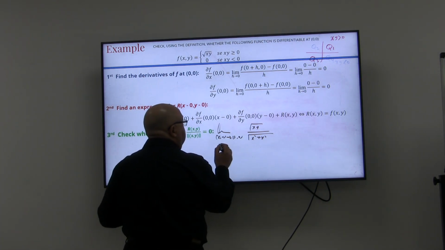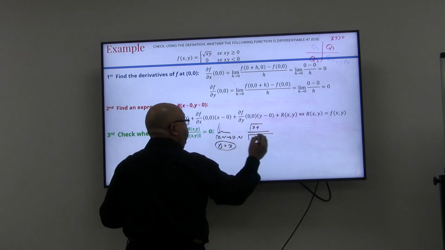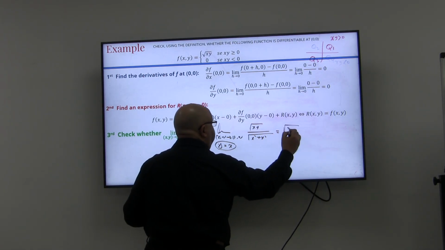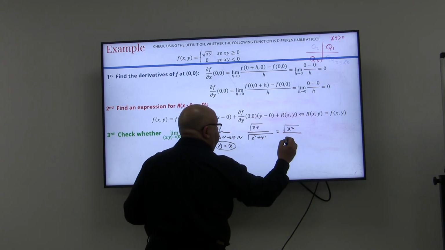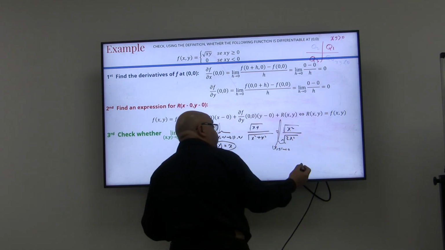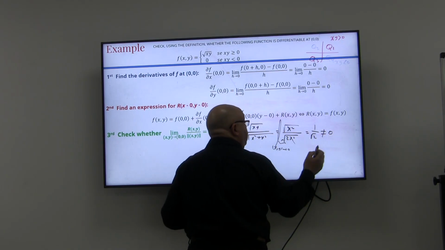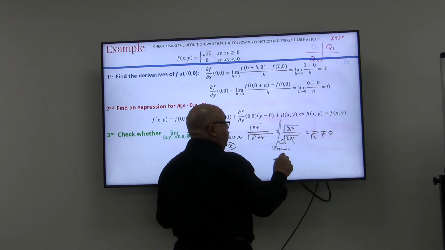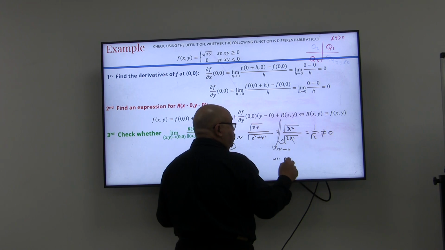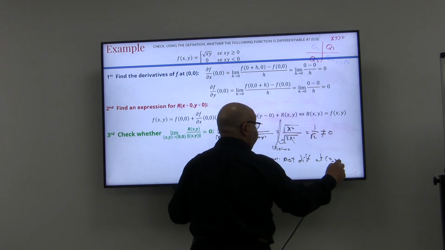So I will test at y equal to x. If I'm using y equal to x, it's going to be the root of x squared divided by the root of 2x squared, and that's the limit as x and y approach 0. So in this case, remark that the limit will exist and it will be 1 over root 2, which doesn't equal 0, which means your function is not differentiable. So this function is not differentiable at the origin.